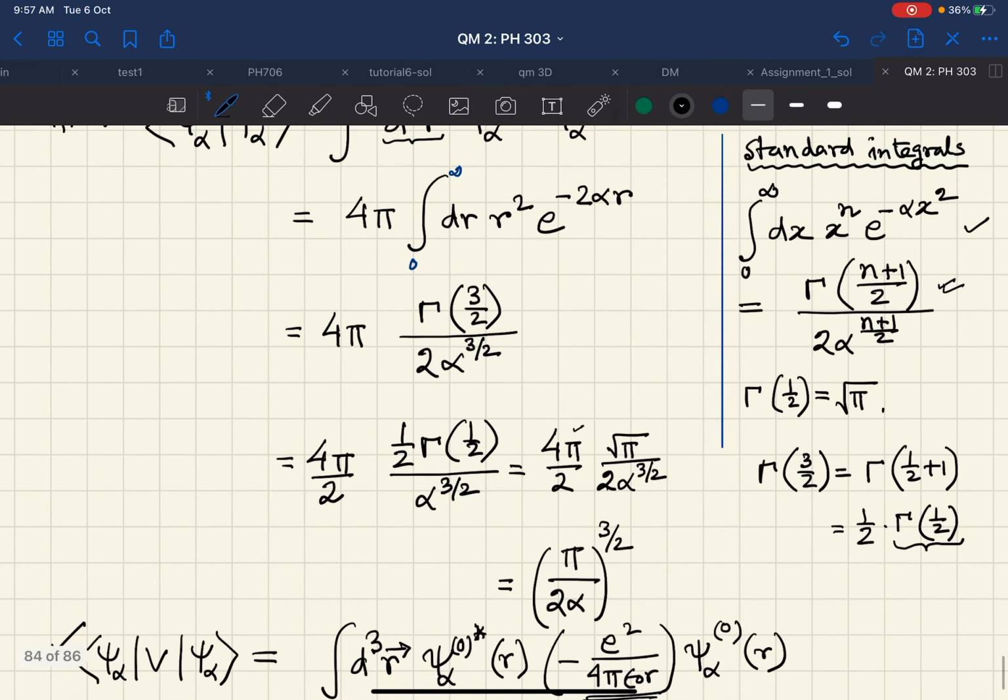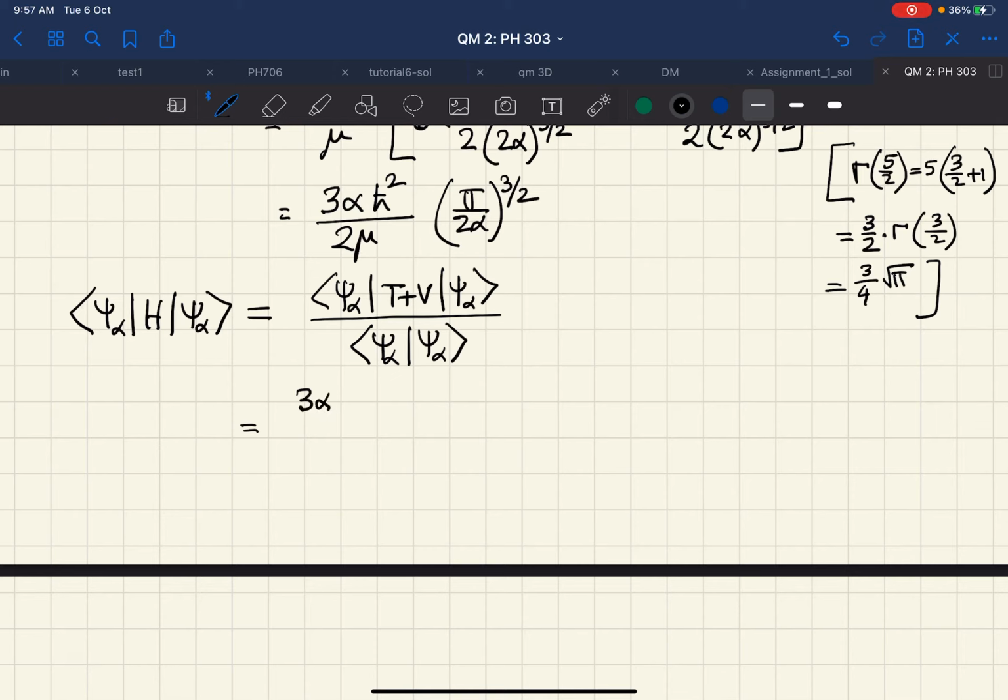We put everything back, and what we obtain here is the following. After doing the simplification, do the algebra please. 3 alpha h cross square by twice mu minus e square by pi epsilon naught, alpha by 2 pi to the power half.